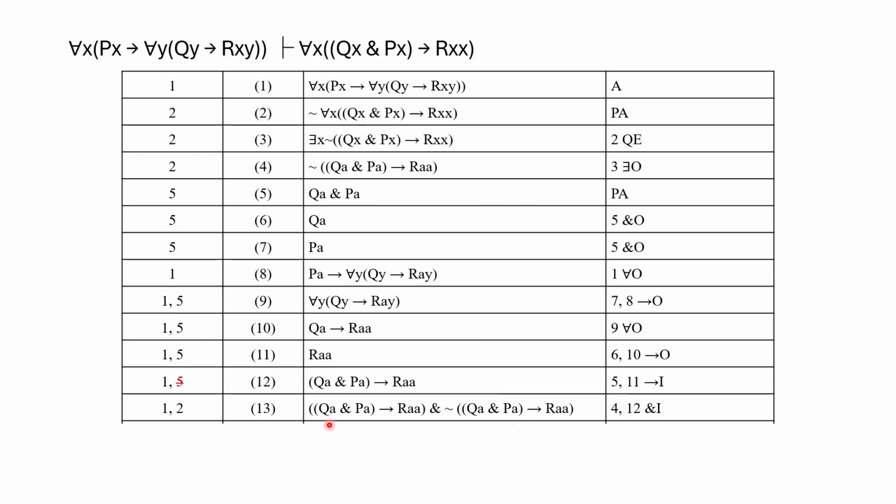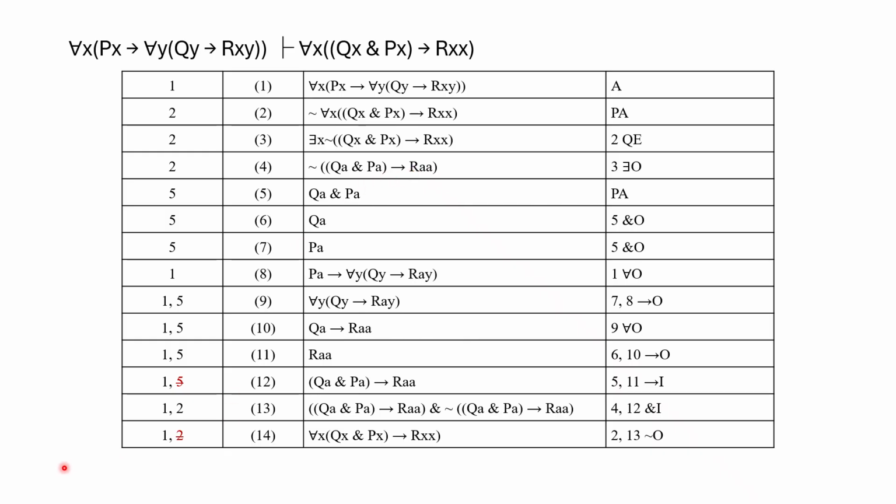So those two match. Their contradiction depends upon the PA in 2, because that's where we're getting the other part of our contradiction from. So we can tilde out on our PA in 2 with 2 and 13 tilde out, and then we just remove the assumption number there.